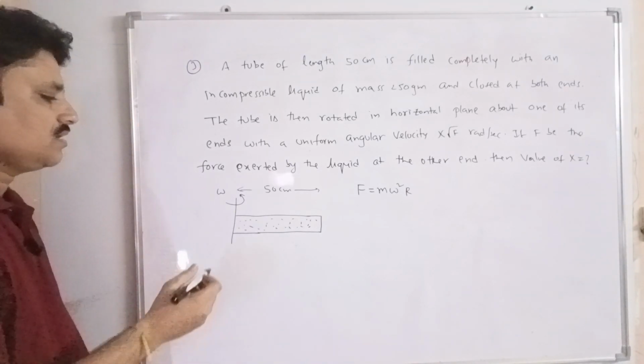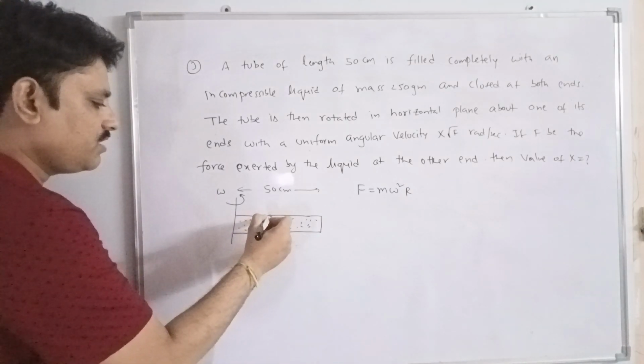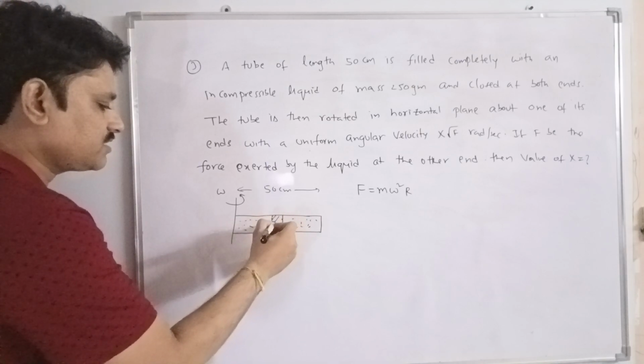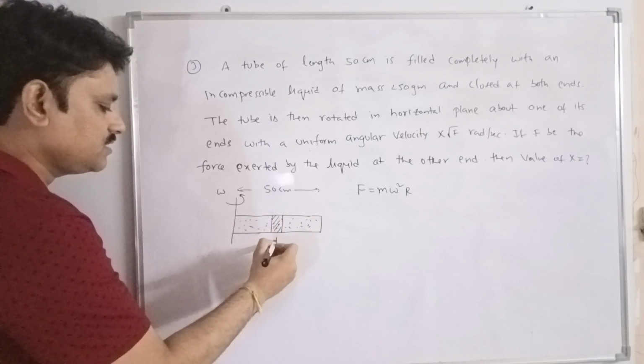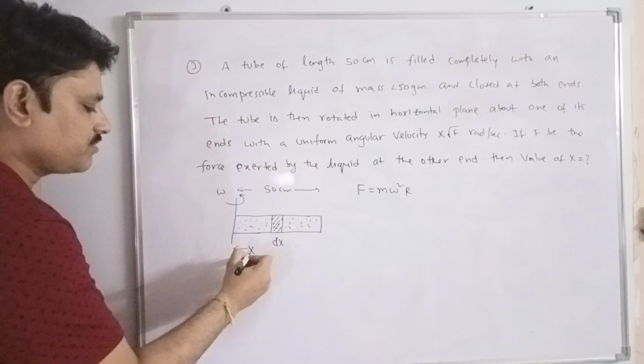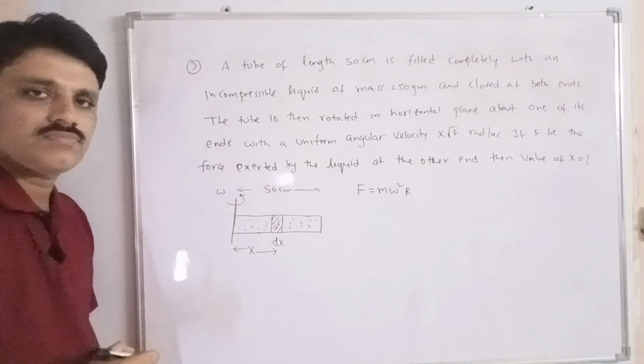Here it is a continuous mass distribution, so we take a small part, that is dx. This is part dx, which is at a distance x from the rotating axis.